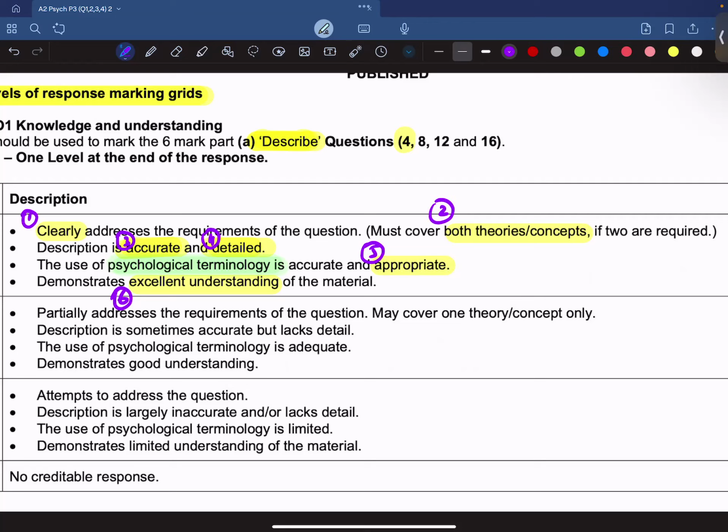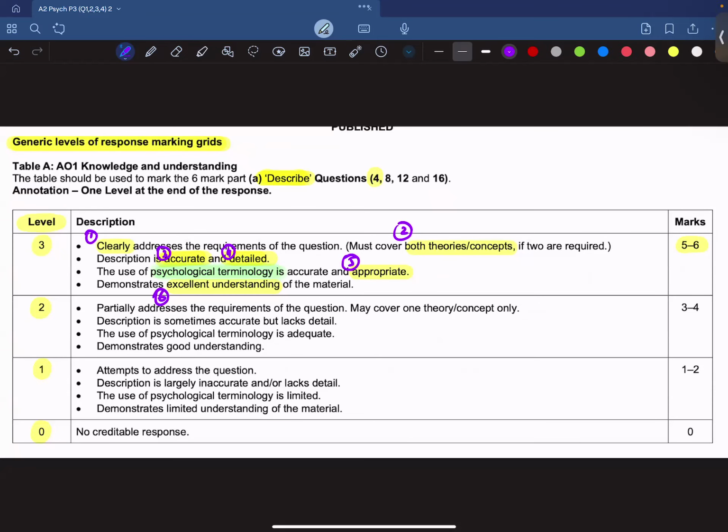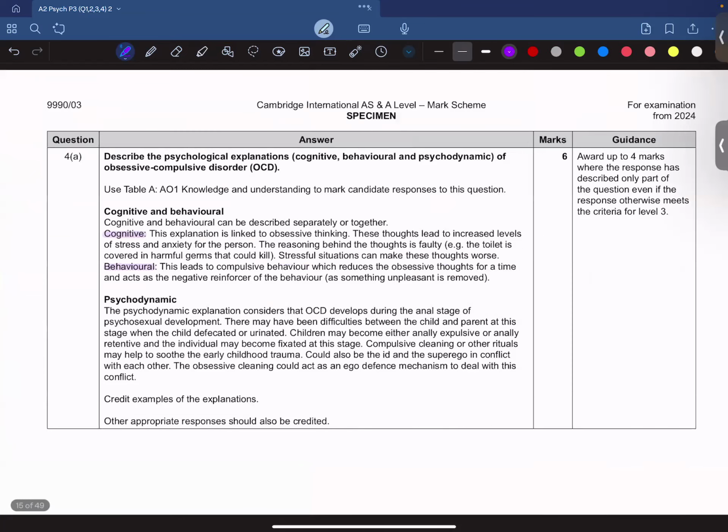So your answer needs to stand out. It's important that we understand that if we are expecting to score full marks, our answer should stand out, and our answer should be better than level 2 answers and level 1 answers. Now, I'd like to assume you've all understood this. Let's move on and discuss the specific question that I wanted to discuss today.